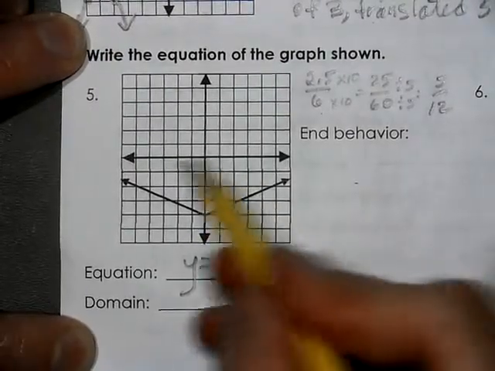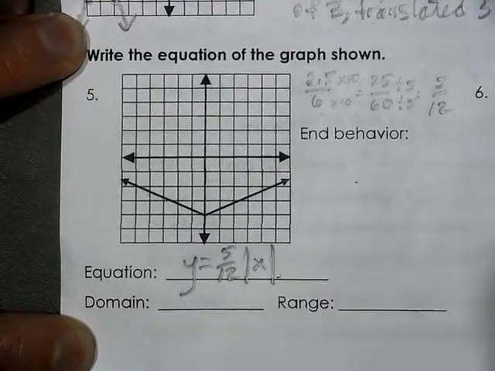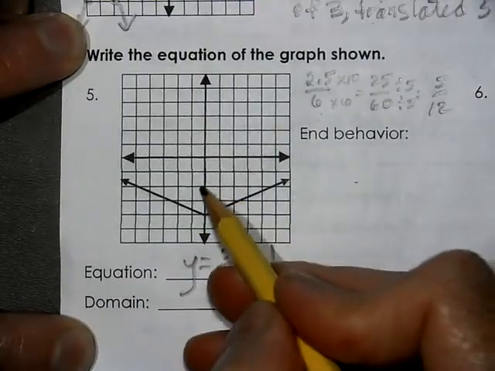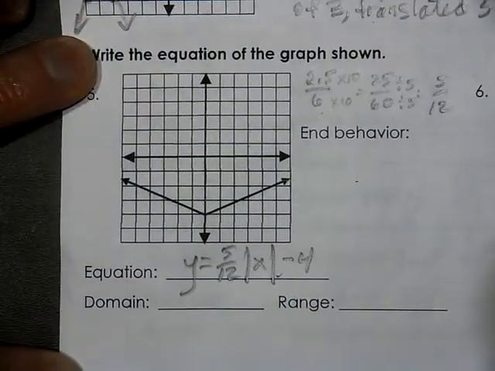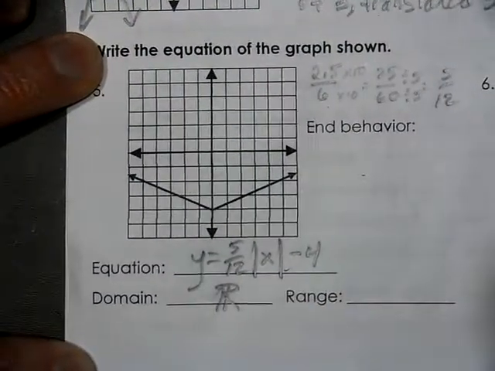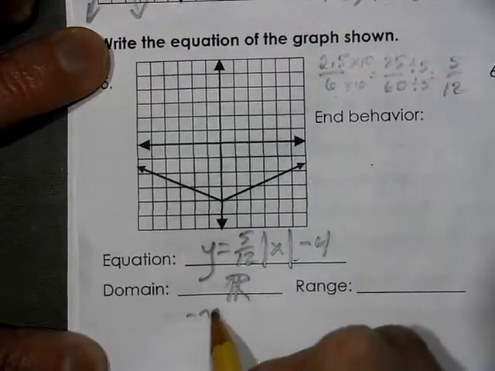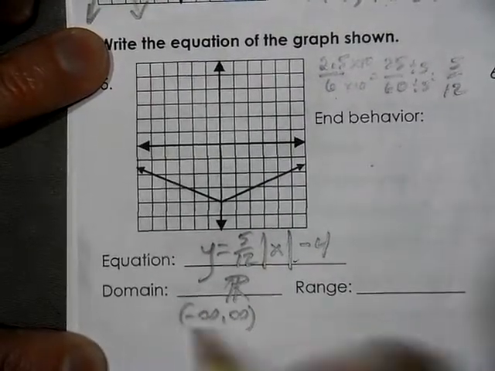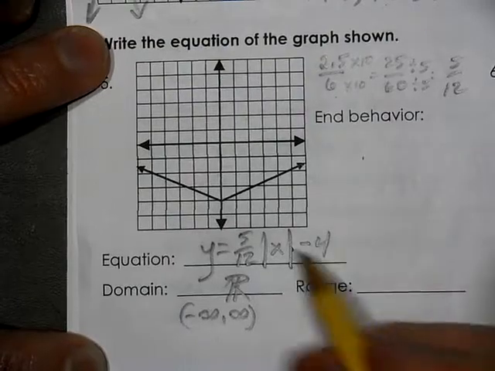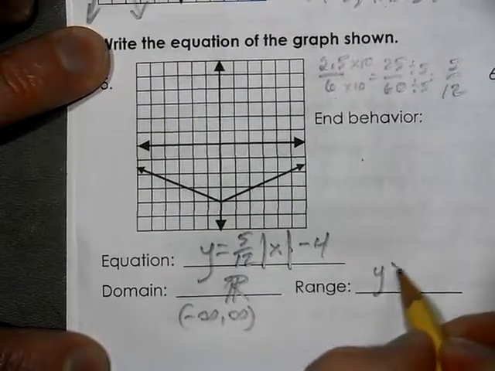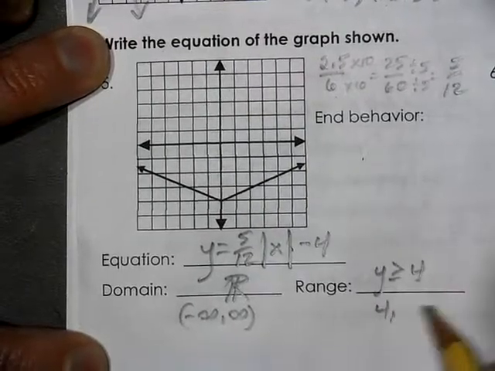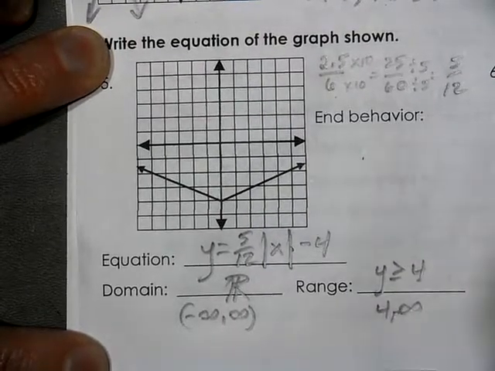And it's translated none right or left. And it's translated 4 down. The domain is always all real numbers. And the range is from 4 down. That's the smallest number. And up.